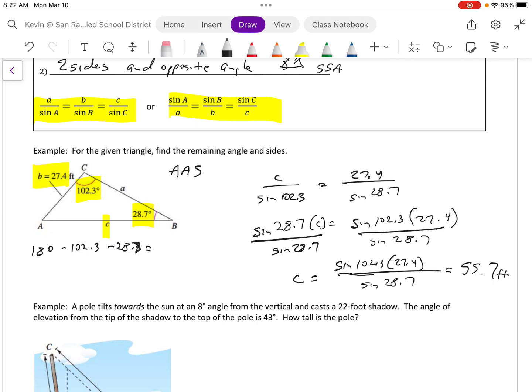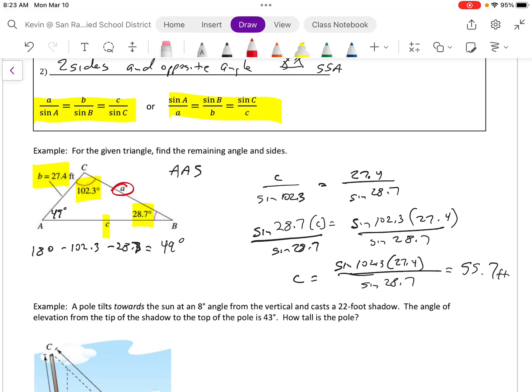So let's just do that really quick. 180 minus 102.3 minus 28.7, 49. Okay, so we know this is 49 degrees now.